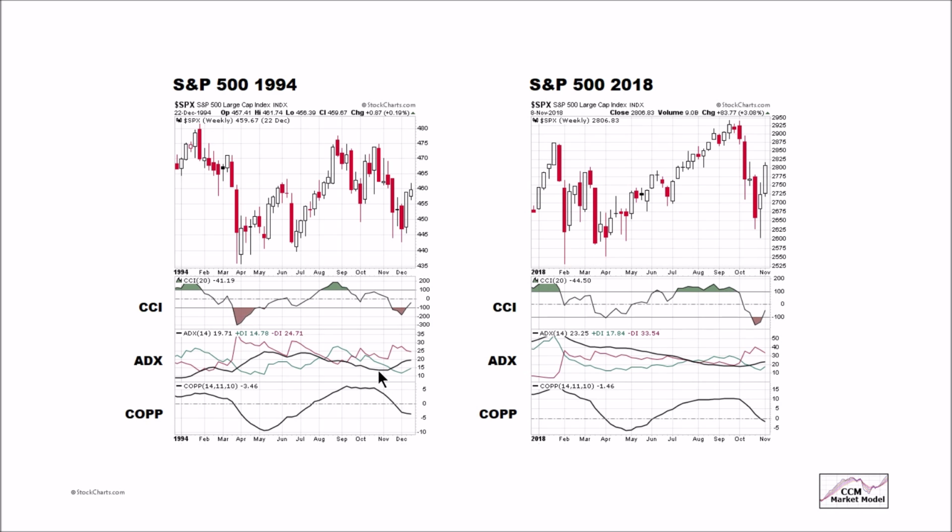ADX, we have that sleepy, trendless market with ADX black below both green and red. Present day, ADX black was recently below both green and red. The Copic curve goes from above zero to below zero to above zero to below zero. Above, below, above, below. Look at the look of this, hovering right around the zero line, and the look of this hovering right around the zero line.